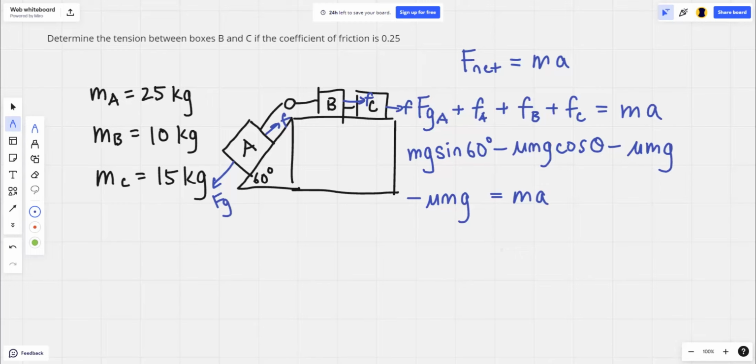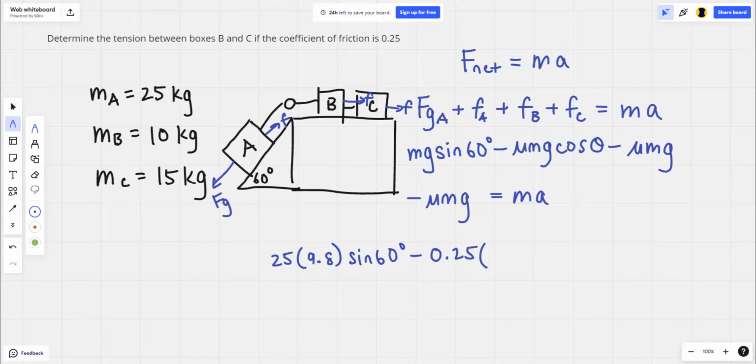So let's plug in some values. Let's start with this. M for A is 25. G is always 9.8. Minus, in the question, it gives you that the mu is 0.25.